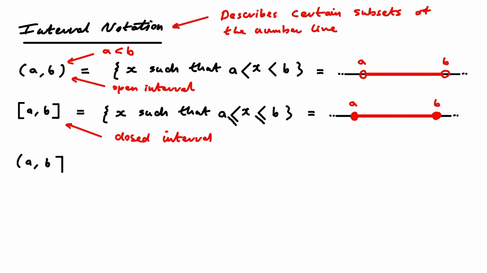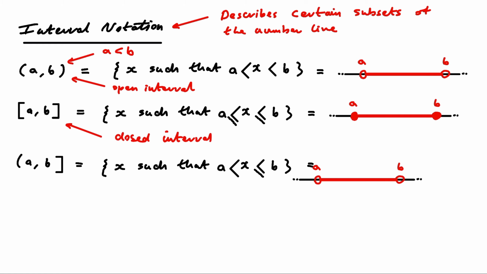That should mean you are strictly greater than A, but you are less than or equal to B. That would be logical if we're going to fit with this notation. So as a picture, it's going to be a hollow dot at A, but a solid dot at B, like that. Cool.